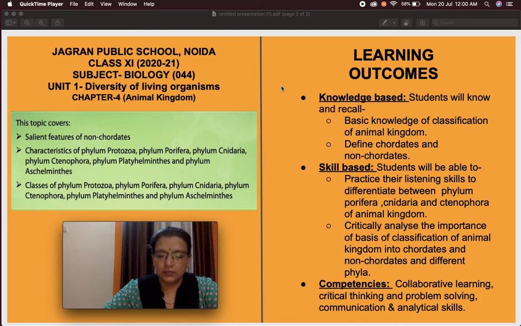Side by side, we will practice recalling our knowledge of the animal kingdom as a whole, which we studied in class 9th, with the help of a jungle safari and some quiz questions on the general characteristic features on the basis of which we can divide the animal kingdom into different groups.